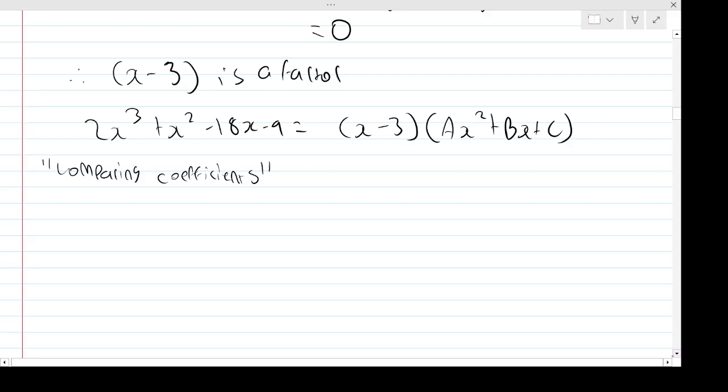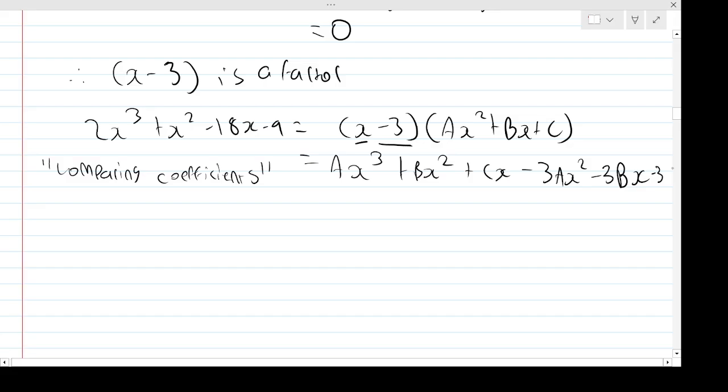So if we expand this, then that's going to be ax cubed, so if I times x by all the terms here, I have ax cubed plus bx squared plus cx, and then I'm going to times minus 3 by all the terms here, so then minus 3ax squared minus 3bx, and then minus 3c.